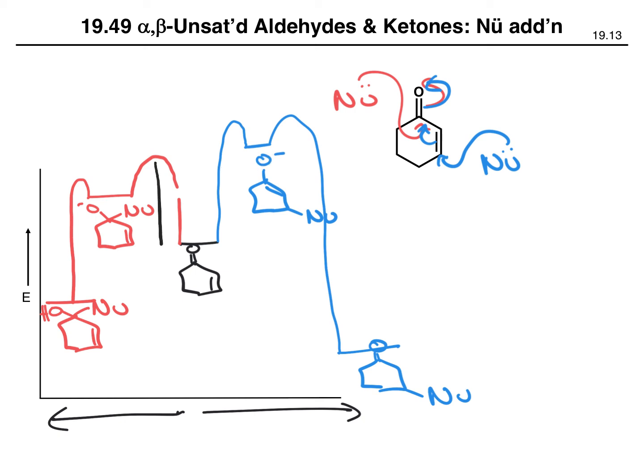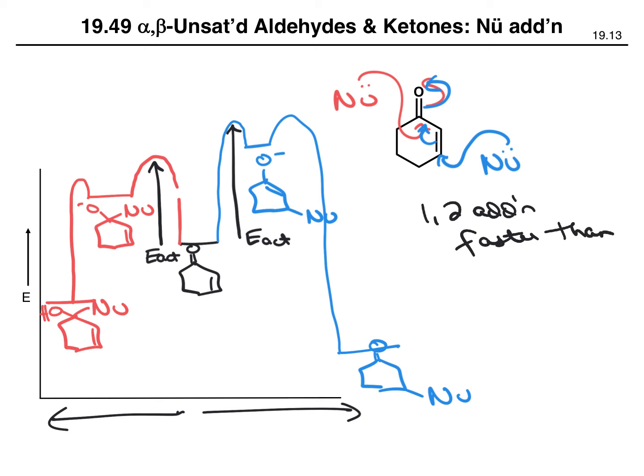This is the activation energy of the rate determining step for 1,2 addition, and this is the activation energy for the rate determining step for 1,4 addition. This arrow is smaller, which means the red reaction is going to be faster than the blue reaction. So this tells us that 1,2 addition is faster than 1,4 addition.